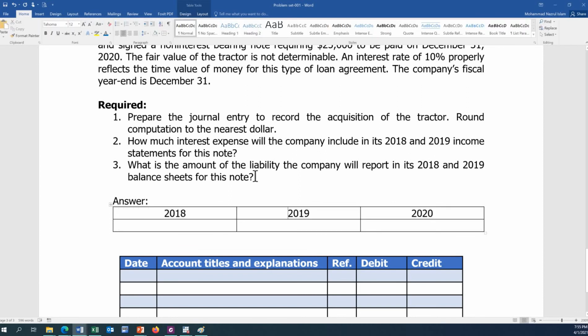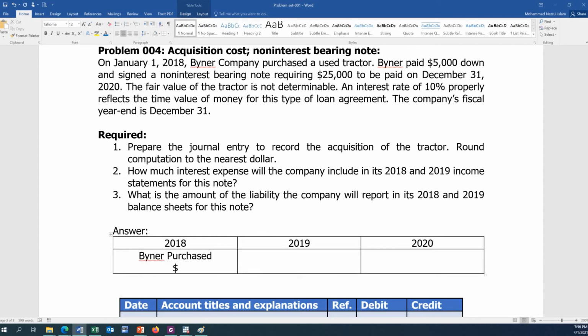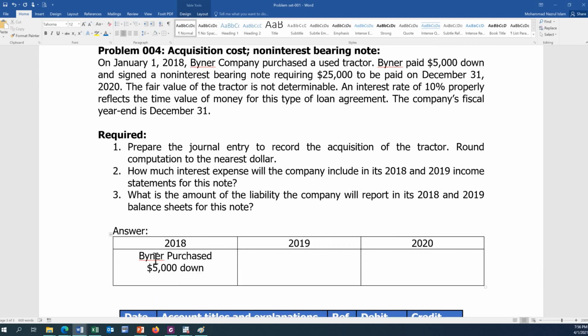So Biner company purchased a used tractor, and they paid 5,000 down and signed a non-interest bearing note requiring 25,000 to be paid on December 31st, 2020. They signed a 25,000 note.